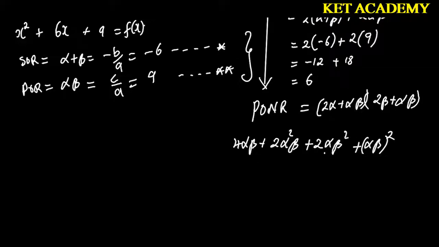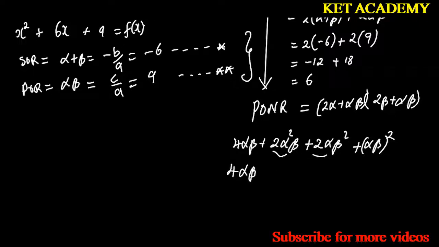We notice that the first term is just 4 times the product of roots, so we maintain it as 4 alpha beta. Here we see that 2 alpha beta is common, and we're left with alpha plus beta. Plus alpha beta, all that squared.